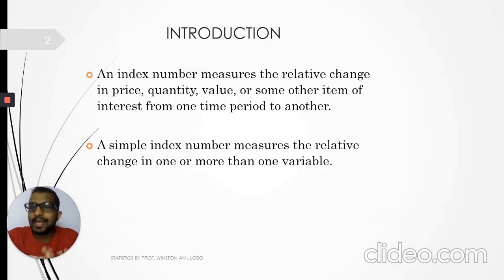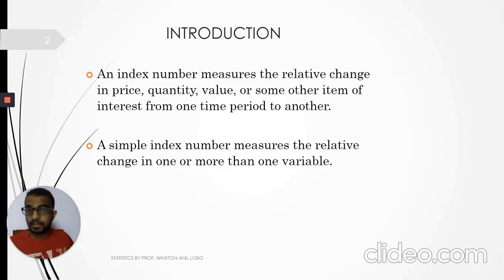Introduction. An index number measures the relative change in price, quantity, value, or some other item of interest from one period to another. Whenever you ask your parents for pocket money of 100 rupees, they usually say, you need 100 rupees nowadays?